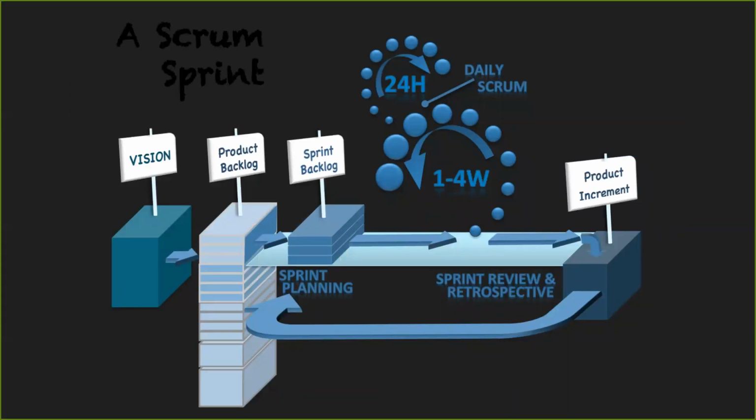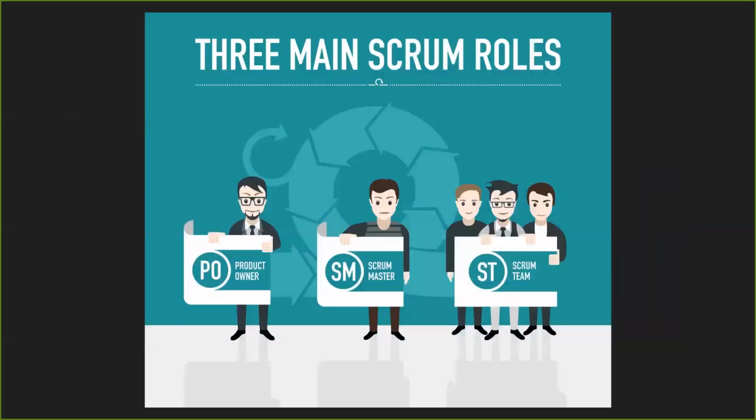Let's see. So this is another view of it. I don't think it adds any real. Oh, one other thing with this, and that's got to do with the product owner, is this vision. So in Scrum, there are three main roles. There's the product owner, the Scrum Master, and the Scrum team.